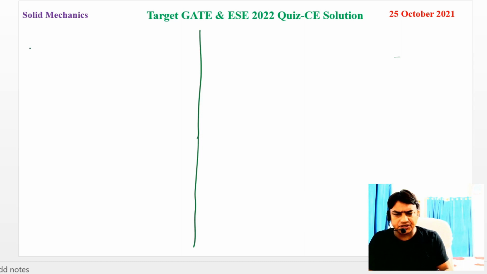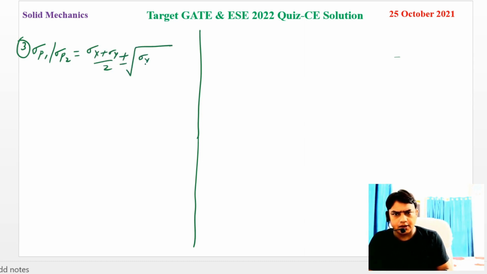Similarly, the principal stress can be computed in stress transformation. Sigma P1 is the major principal stress and sigma P2 is the minor principal stress, computed as (sigma x plus sigma y) by 2 plus minus square root of ((sigma y minus sigma x) by 2) whole square plus tau xy whole square.